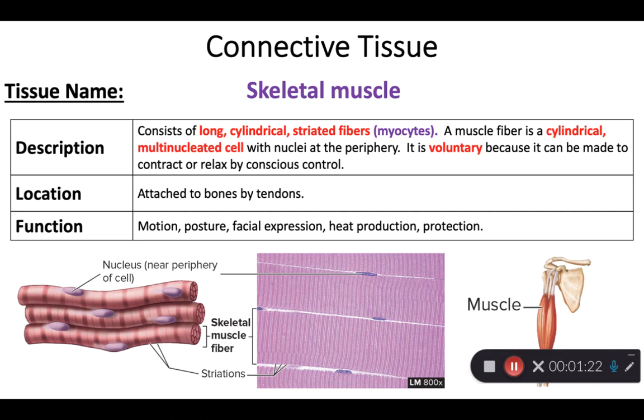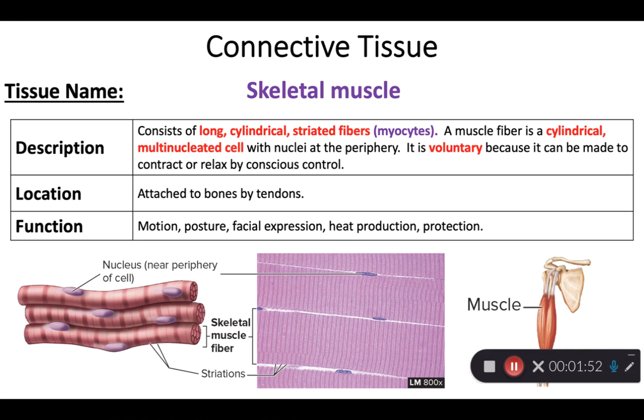And then the third property is what we call striations. So striations are stripes. Two of the three muscle tissues have these stripe patterns inside of the cells when you look at them under the microscope. We're going to learn what causes that another day, but it's one trait that we can use to differentiate, or at least narrow it down to two of the three.